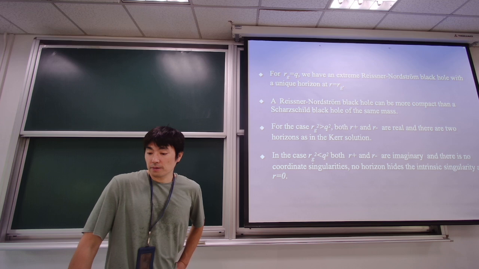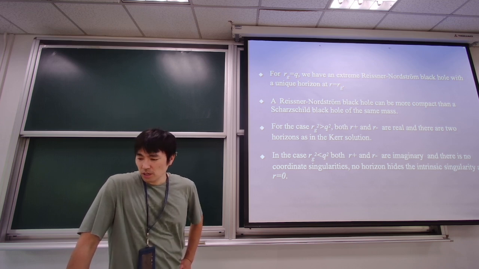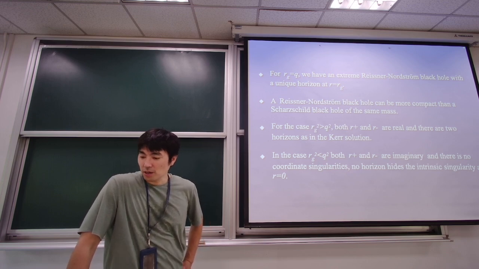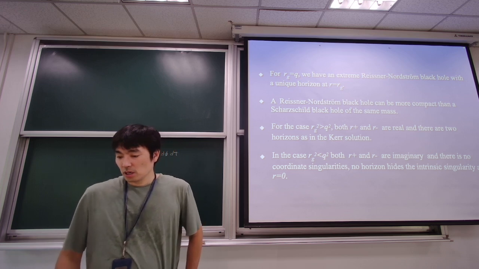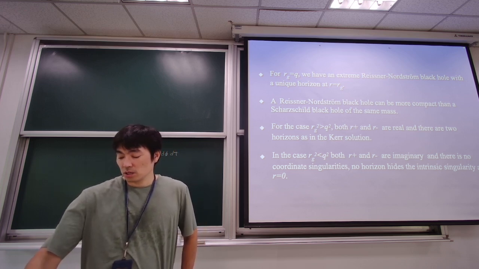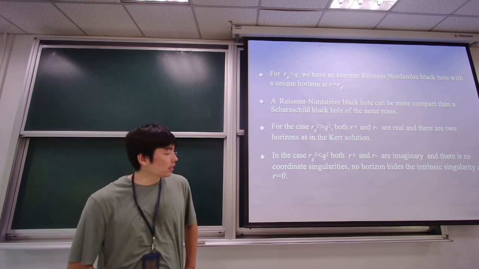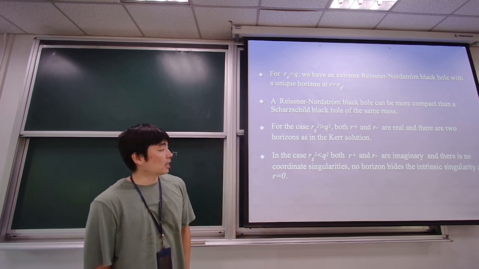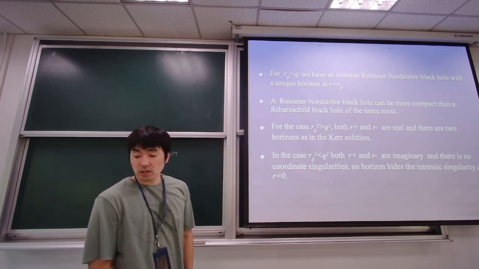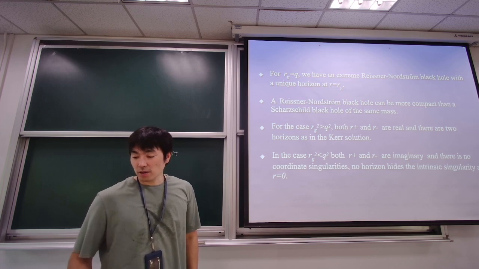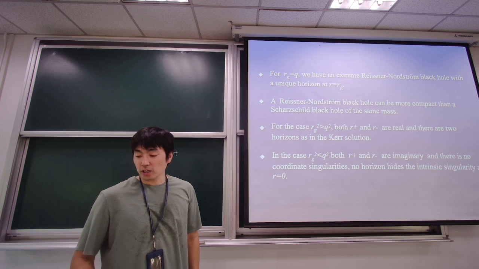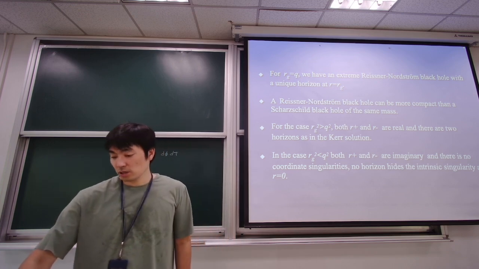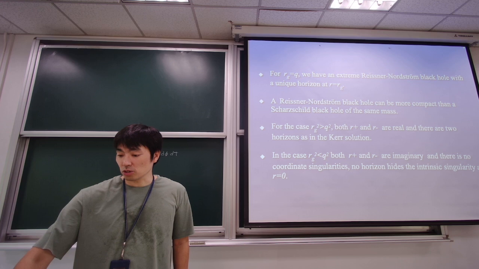Then, if the charge is greater than the mass, the position of the horizon becomes imaginary. Therefore you encounter a naked singularity. So it is believed that it's not a physical solution.